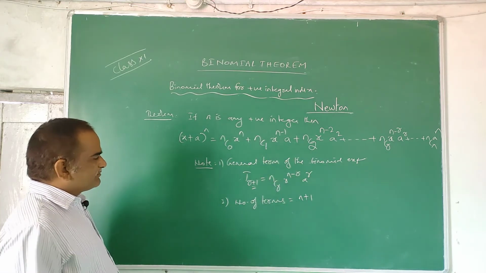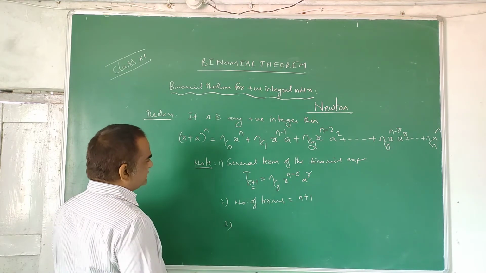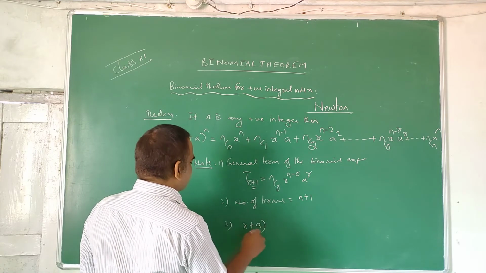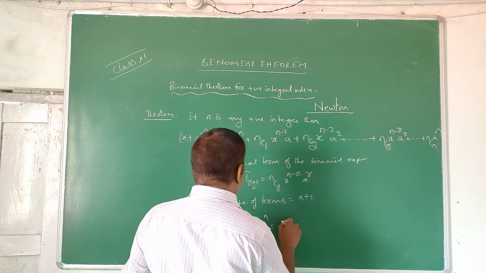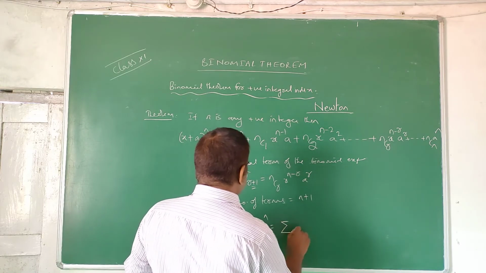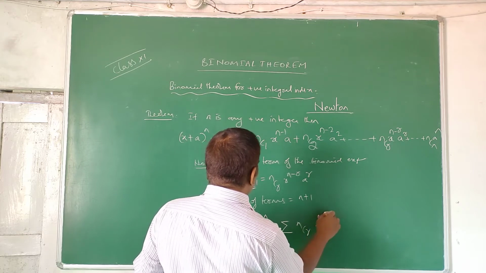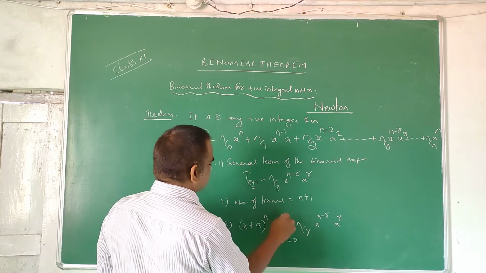Did you understand? Now as note number 3, if you take this binomial theorem x plus a whole to the power of n in terms of summation notation, it can be written as summation nCr x power n minus r a power r, with r ranging from 0 to n.